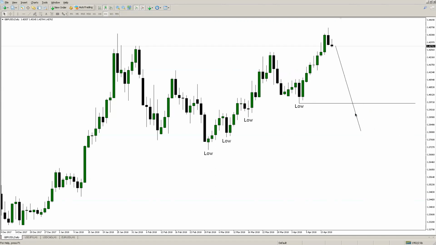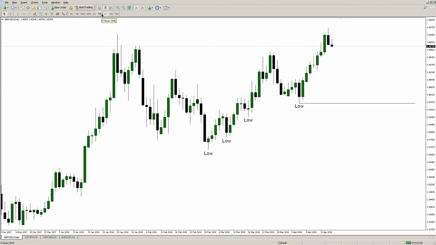But again, this is a higher time frame. I don't expect to be selling this right now or anything, but I'm just giving you guys an idea of why I'm still looking for longs, right? Until I have a breakdown of this low, I still have confirmed bullish market structure, and I wouldn't be looking to sell it until this broke.